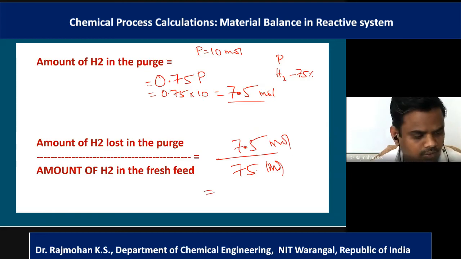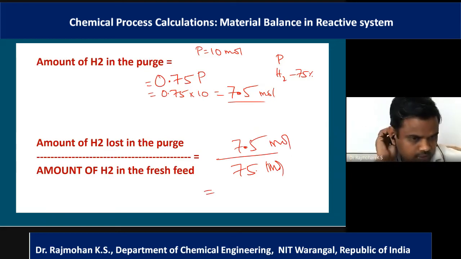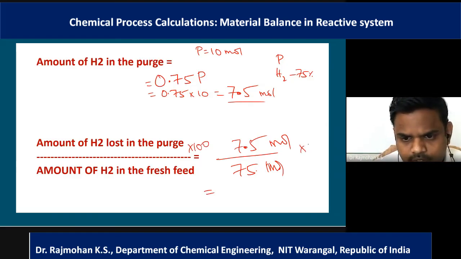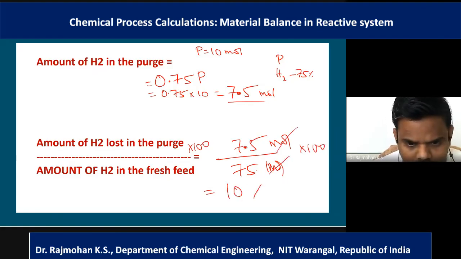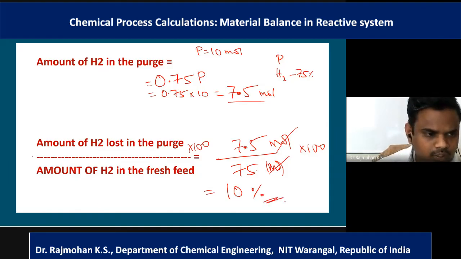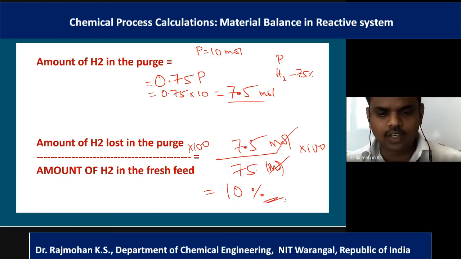The options were represented in percentage, so multiplying by 100 gives us the percentage. What we get is 10 percent as the answer. So this is the answer for the first part: the ratio of the amount of hydrogen lost in the purge to the amount of hydrogen in the fresh feed, as a percentage, is 10 percent.